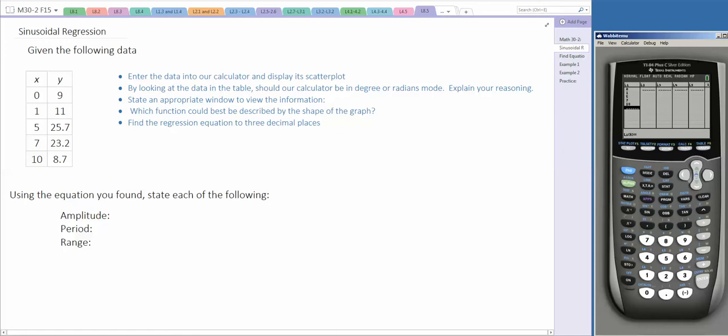Now we will enter the data into list 2. That's 9, and here's where the 11 came from. So we have 11, 25.7, and we have 23.2 and 8.7. So now we want to set up our window so we can see the data. We're going to go from 0 to 10 on the x, in steps of 0.5.